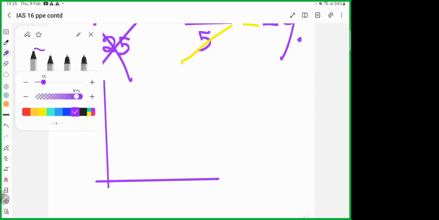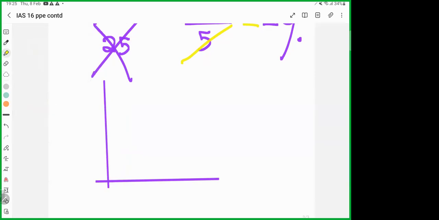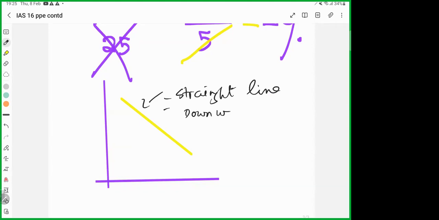So that will go like this. You can see that this line is a straight line. Correct? And then secondly, it is downward sloping. Correct?